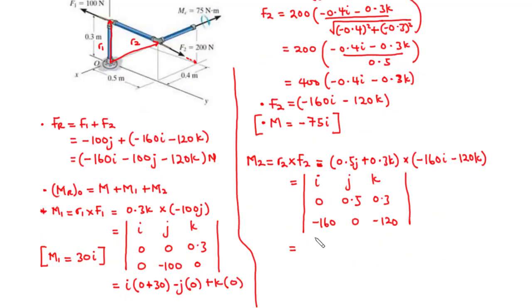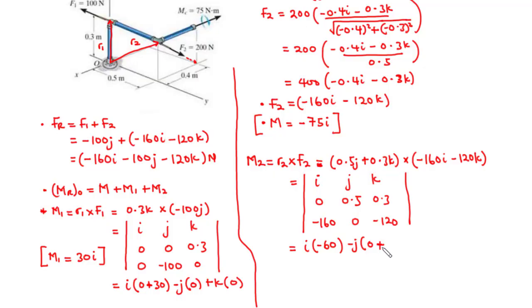So that's going to be, we select i, we cancel out the row and column containing i. Negative 120 times 0.5 is negative 60. 0 times 0.3 is 0, minus j, we cancel out the row and column containing j. Negative 120 times 0 is 0, minus negative 160 times 0.3 gives negative 48.